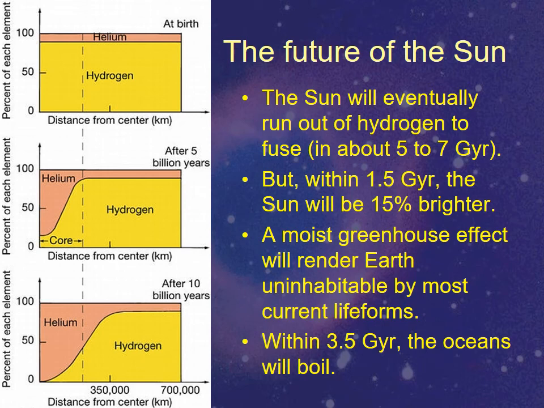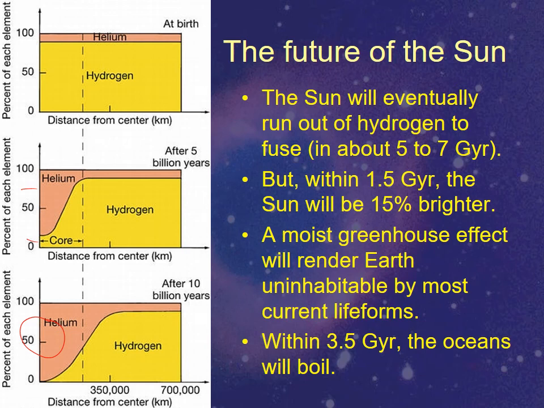Now, what's going to happen is eventually the sun will completely run out of hydrogen in the core. After about 5 billion years, which is where the sun is right now, you have more helium than hydrogen by mass. By number of atoms, they're still about similar. Eventually, though, after about 10 to 12 billion years, the interior of the sun will be almost all helium.